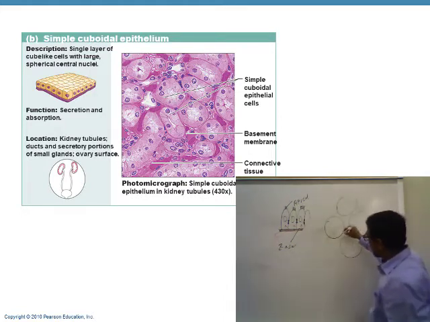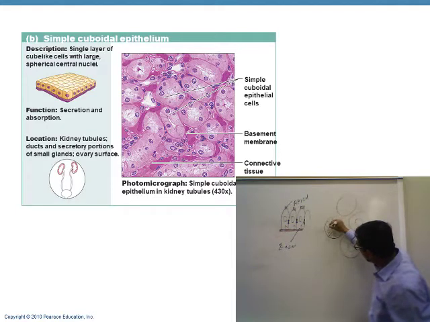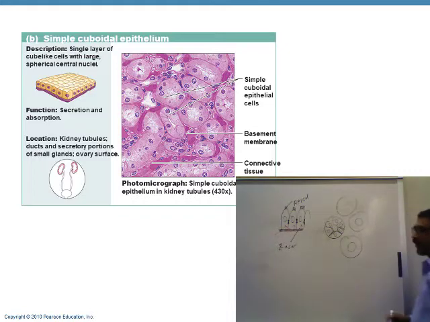And in the wall of these tube-like structures, you have cuboidal cells. So this is one cuboidal cell, this is another, this is another. So you see cuboidal cells, this is one cell, this is nucleus, this is another cell, this is nucleus, right? Another cell, nucleus. So simple cuboidal.